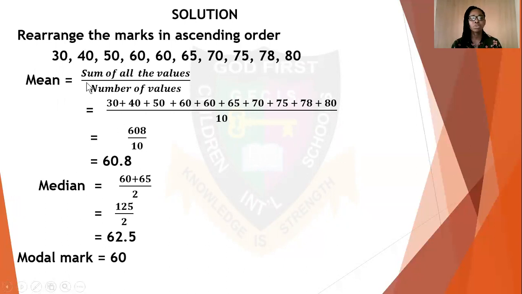Mean is equal to the sum of all the values divided by the number of values. The sum of all these values is 30 plus 40 plus 50 plus 60 plus 60 plus 65 plus 70 plus 75 plus 78 plus 80, divided by 10, that is the number of values: 1, 2, 3, 4, 5, 6, 7, 8, 9, and 10.